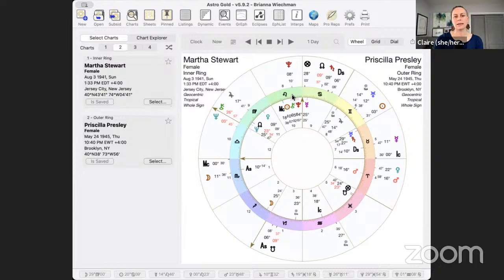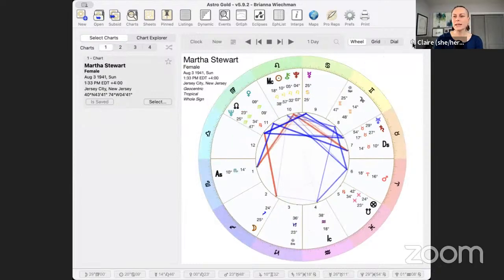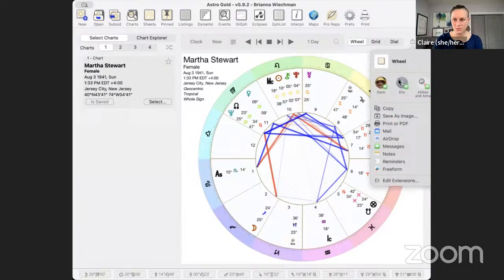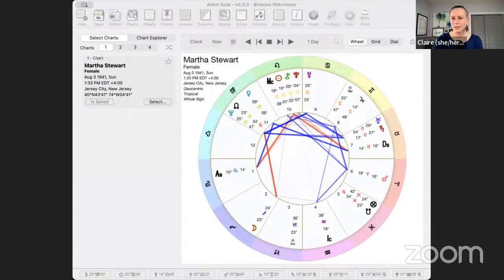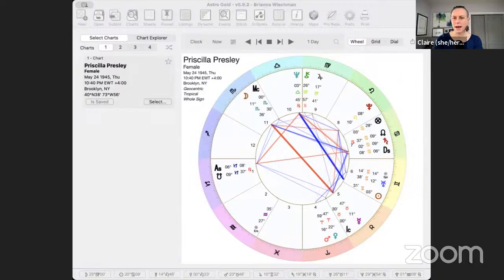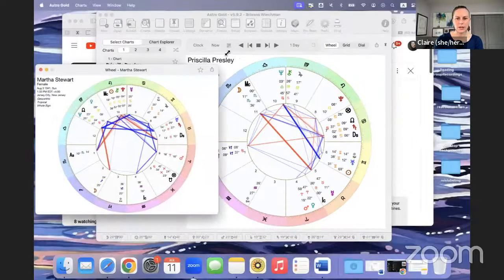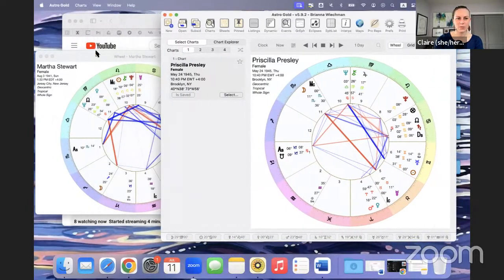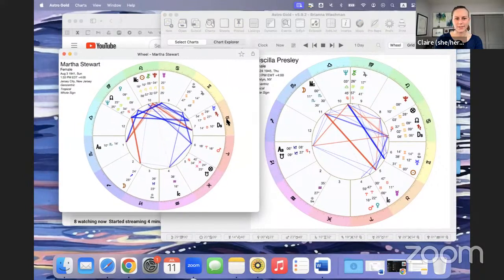Another way of looking at these things, and I feel like it makes a difference, at least to me, is that sometimes I will get two charts side by side and really look at them.